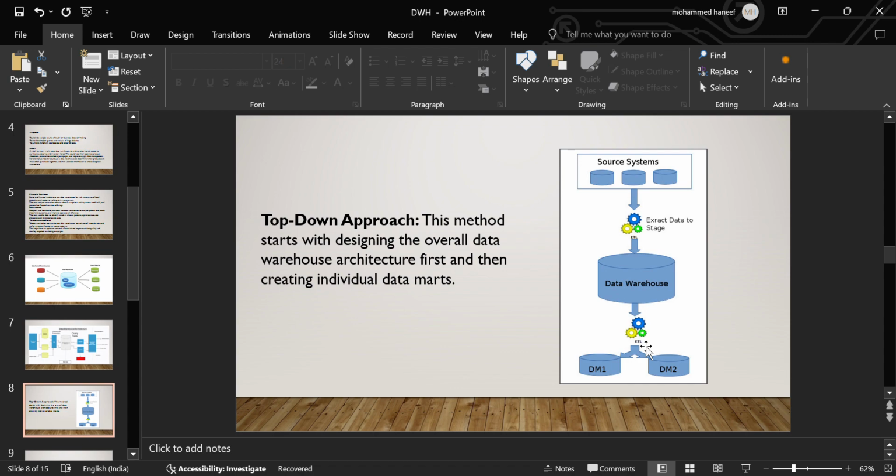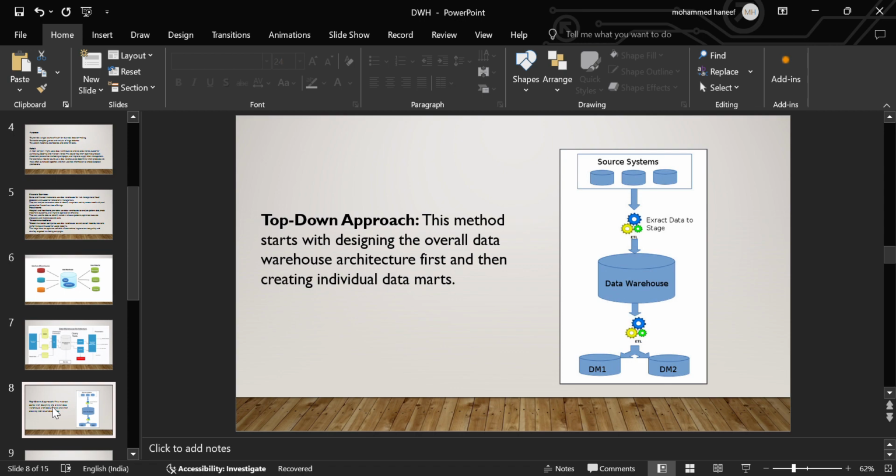A data mart is also a small data warehouse, but we have given it a name, data mart. So here you are splitting the data warehouse into two different data marts. And we should also talk about the benefits, advantages, and disadvantages. That is very important when you are talking about the top-down approach.